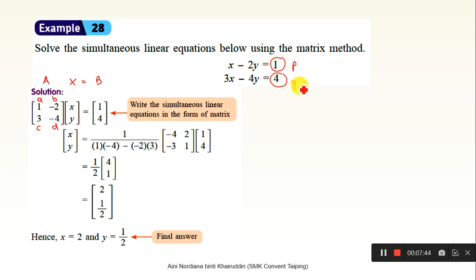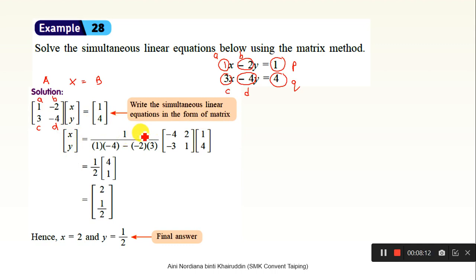This one is p, q. This is the values of a, b, c, d. So write the simultaneous linear equation in the form of a matrix. Next, calculate the values of x and y.